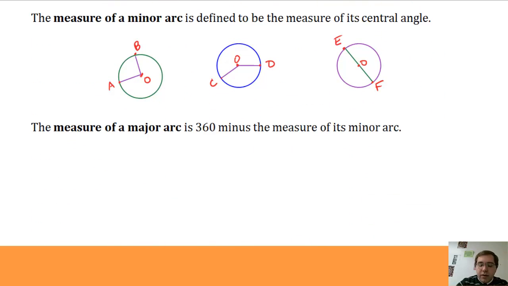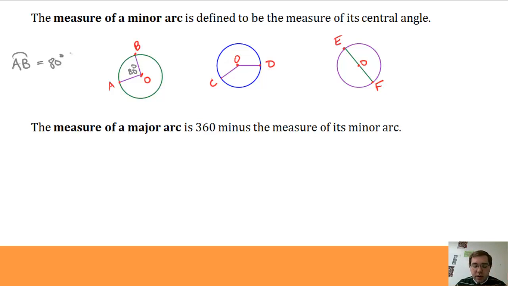The measure of the minor arc, the size of the minor arc, is defined to be the measure of its central angle. So we're actually going to measure the arcs in degrees, like we do the angles. For example, if in the first circle on the left, angle AOB is 80 degrees, then I'm going to say arc AB, that minor arc, equals 80 degrees.